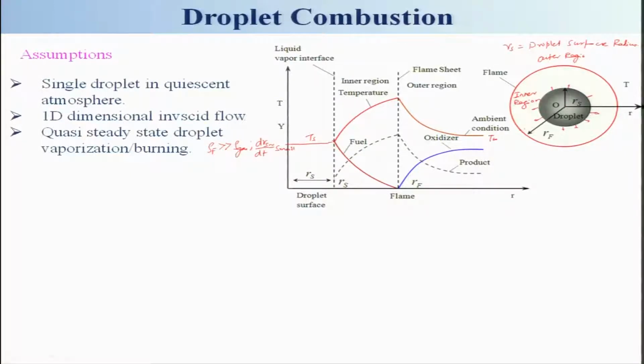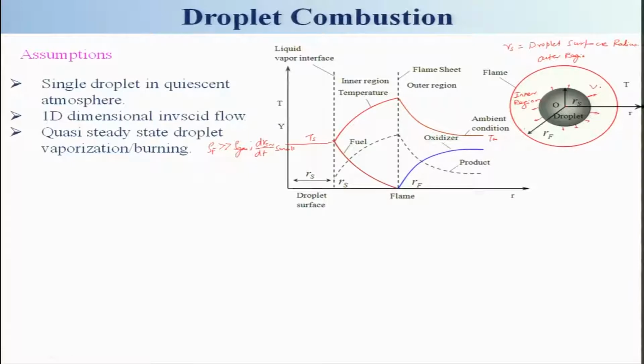as compared to the bulk velocity with which the gas will be moving outwardly, due to diffusion. Therefore, this will be quasi steady state; the radius is changing at only a few microns per second, whereas the velocity is of a much higher order.